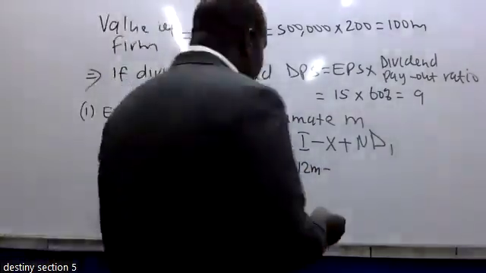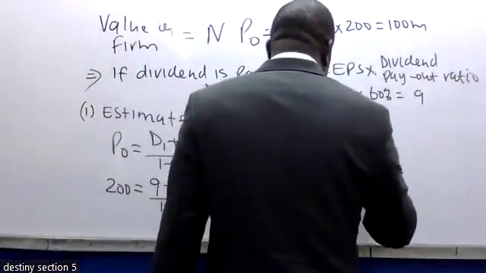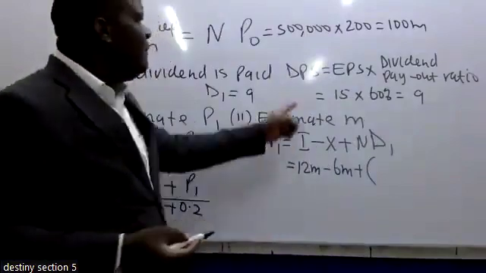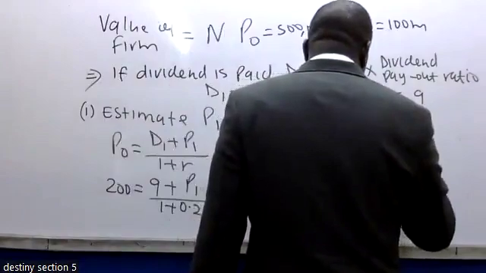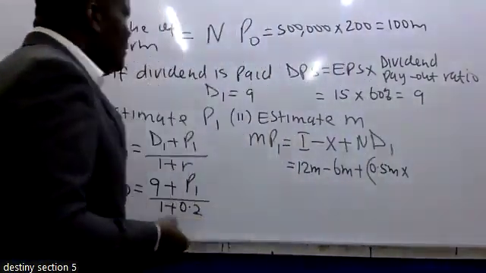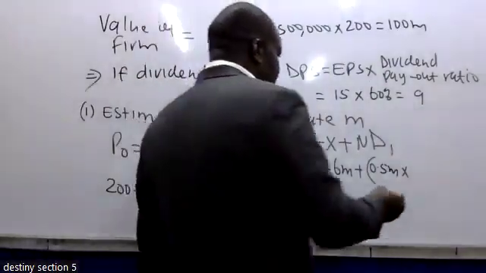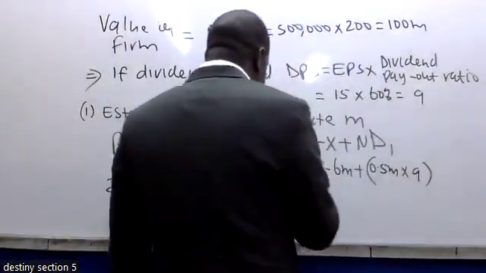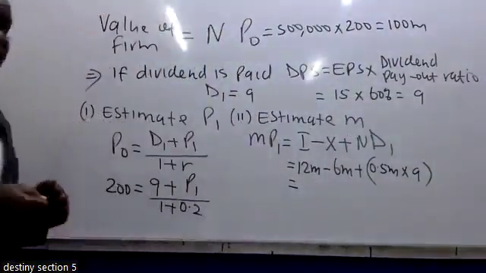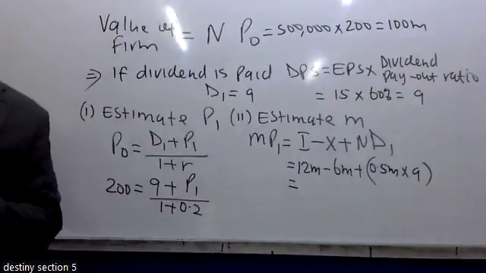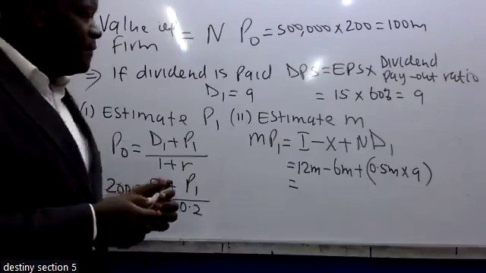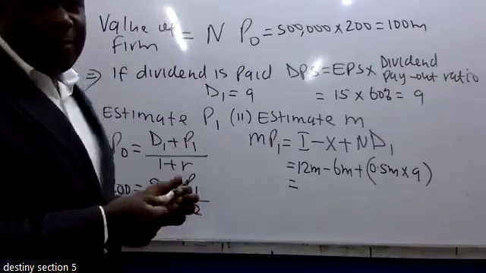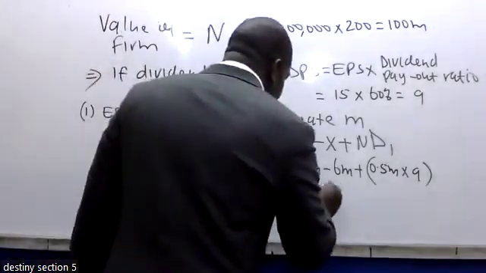X was 6 million. Then N is 0.5 million, this number of the ordinary shares. D1, we have said is 9, isn't it? Confirm for me, what is MP1? 10.5. So this one is 10.5.